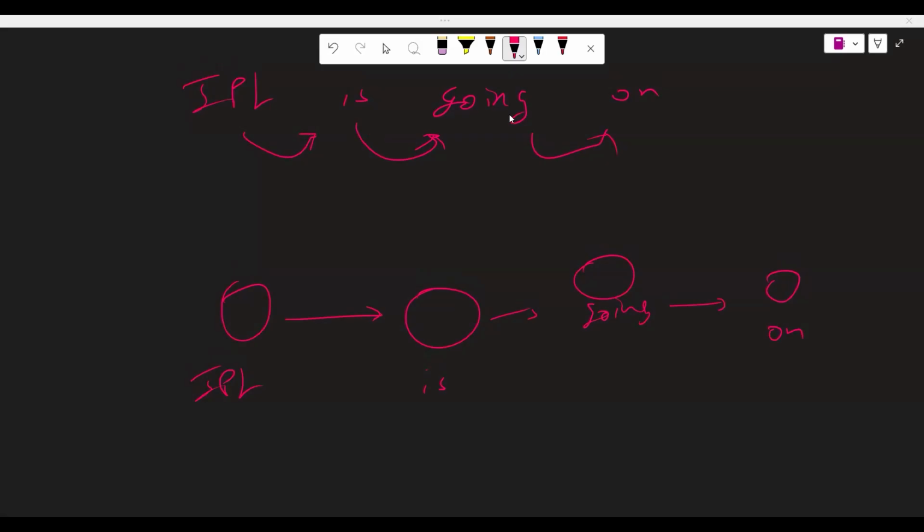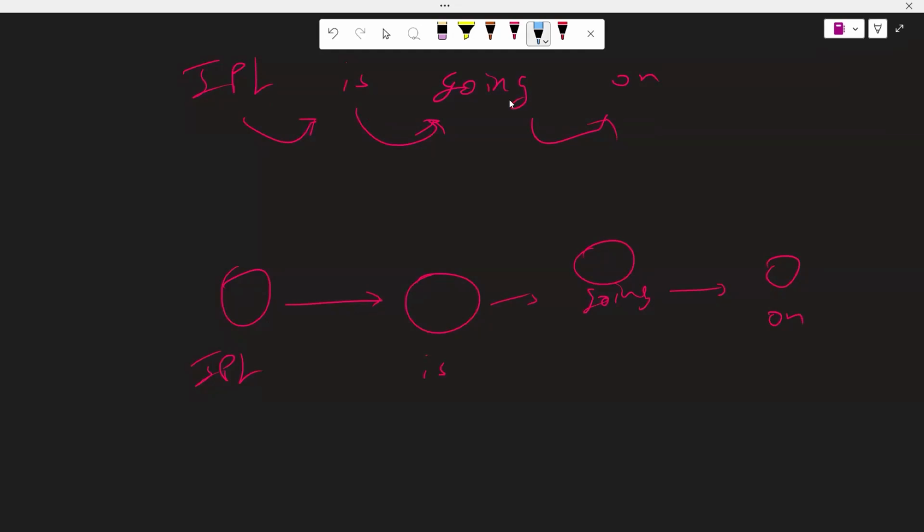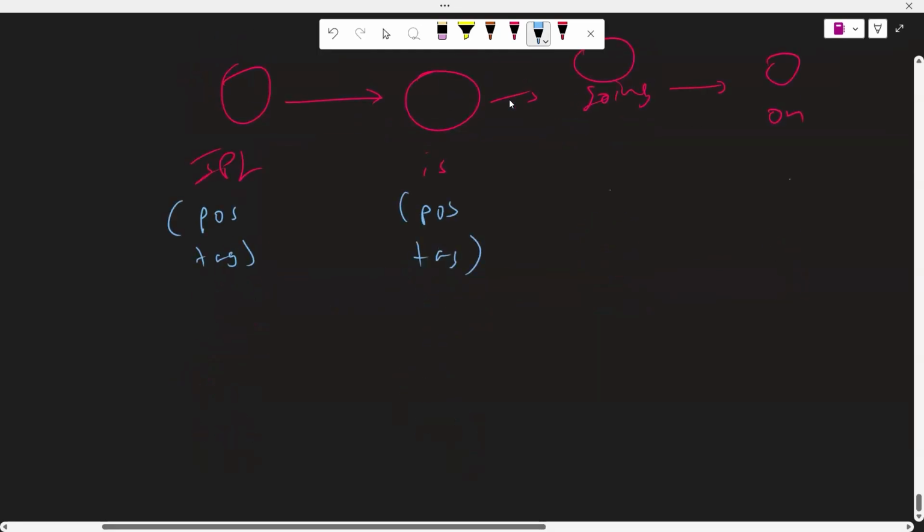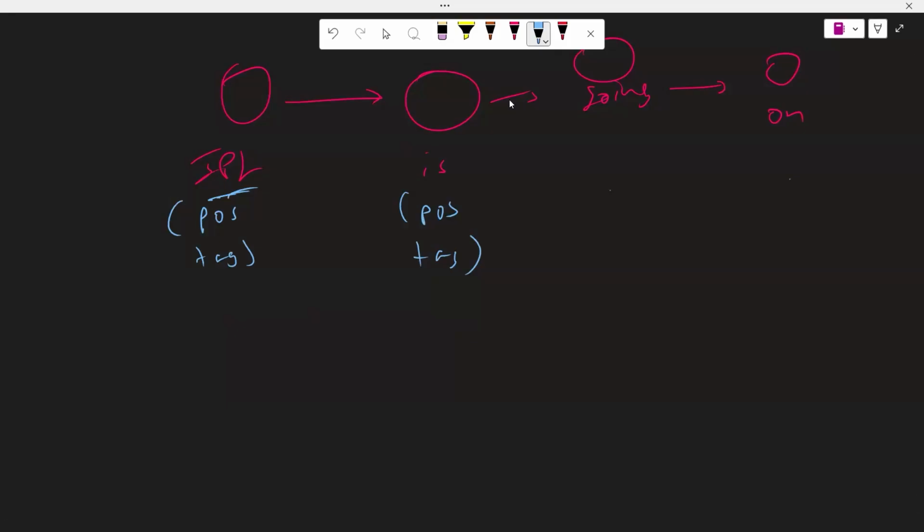Over here, what will happen is you will see for every single word what its POS tag is. So for IPL, what would have been its POS tag? For "is", what would have been its POS tag? Right? And so on for every single word. The tag will simply say IPL is probably the name of, not an organization, but let's say the name of a tournament. Right? So it tells you that it's something to do with a tournament. Oh, by the way, we are not using named entity recognition.